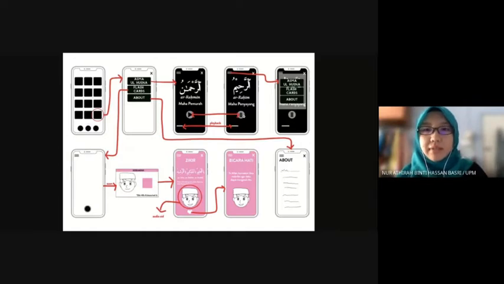If he stops, I think it will go back to this one. Here there is a menu, and I think this student made it as a button, and once the user clicks the button, this interface will appear: Asmaul Husna, flashcard, and about.